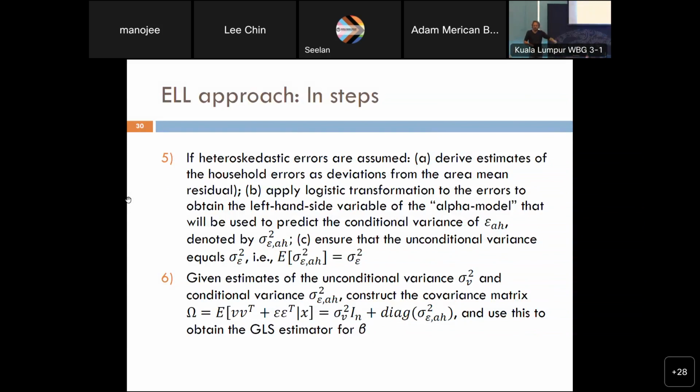Then you can re-estimate your regression coefficients using generalized least squares, which is in effect the maximum likelihood estimator of the model parameters.